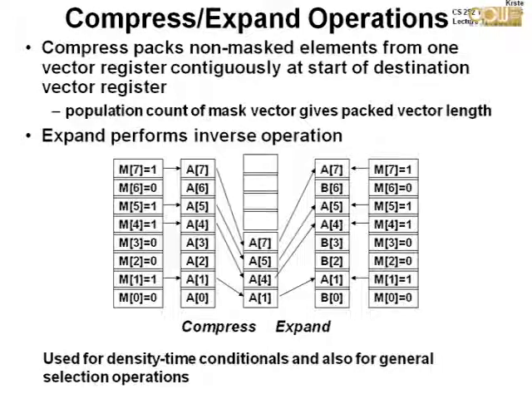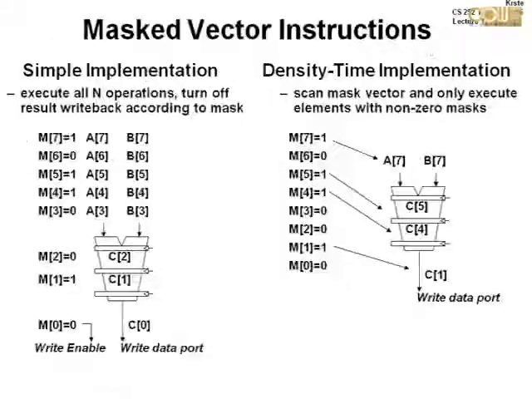Compress, expand. So we have seen one example. Here we compress the A and B vectors into a shorter form containing only the elements that we want to operate on, and later we need to expand them back to vector C. Okay, the C elements are not produced continuously.